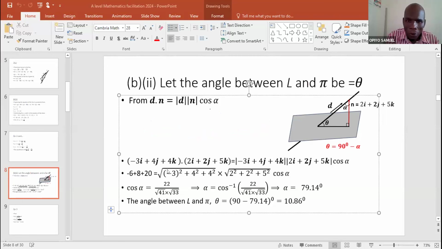Another thing is, there's always a problem when we are trying to get the modulus, which is called the magnitude.